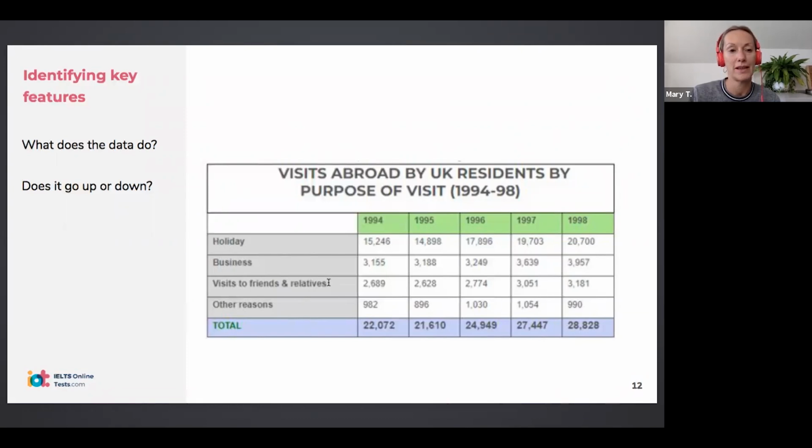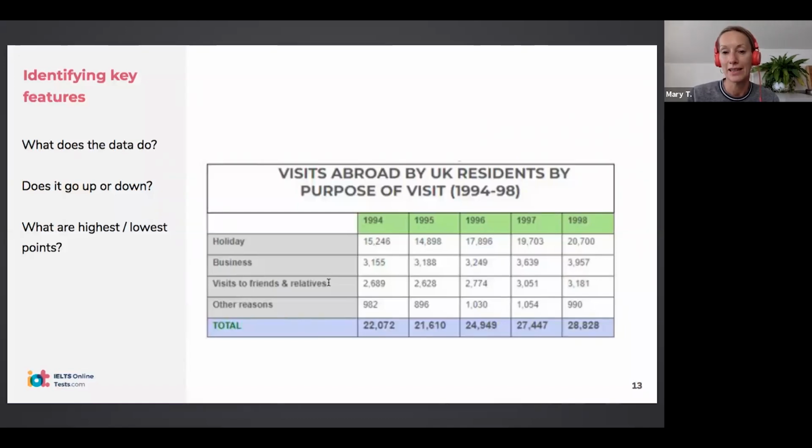So everybody's getting that. What are the highest and the lowest points? So the highest points. Yes, so it's 1998. So it's basically for each section, it goes up, right? If you compare 1994 with 1998, it's gone up in each section.